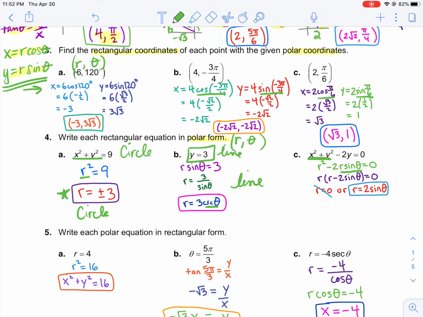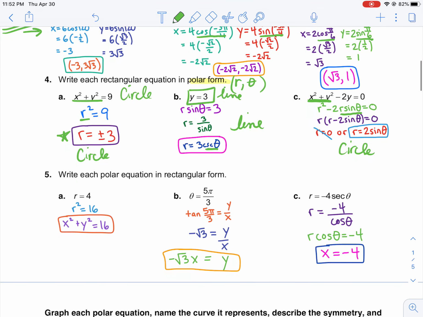And then set each of those equal to 0, I get that equation right there. And then this is going to be a circle that's not centered at the pole. It's going to be centered off to the side. It's going to be centered above. It's going to cross the, not y-axis, theta equals pi over 2.